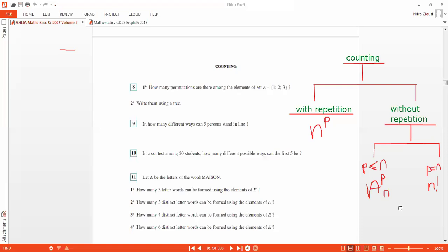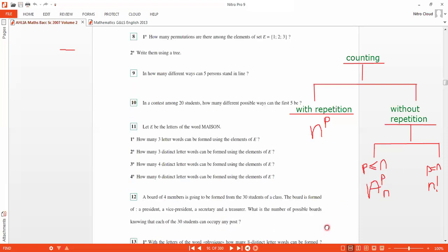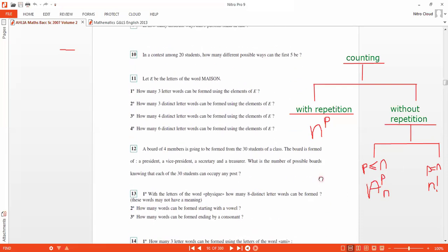Great. In question 12, a board of 4 members is going to be formed from the 30 students in a class: a president, a vice, a secretary, and a treasurer. They didn't mention if we have repetition or not, so they are choosing 4 students out of 30 without mentioning if it's repetition or not.